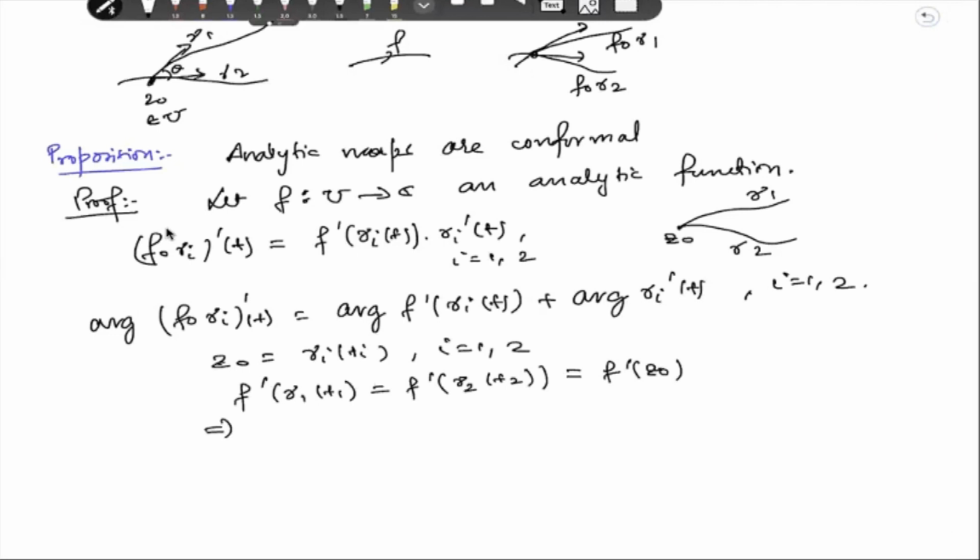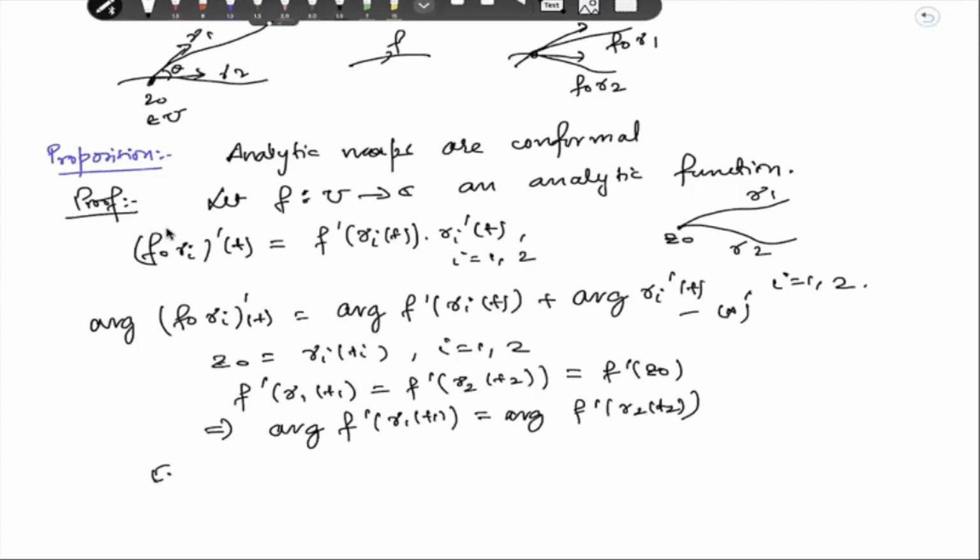So this implies that these two complex numbers are the same. Therefore the argument of f prime(gamma 1(t1)) is the same as the argument of f prime(gamma 2(t2)). So for i equal to 1 and 2, you get two equations.